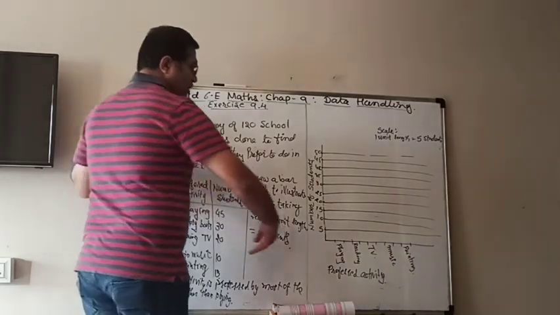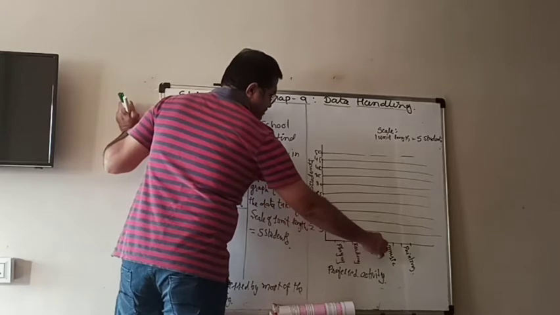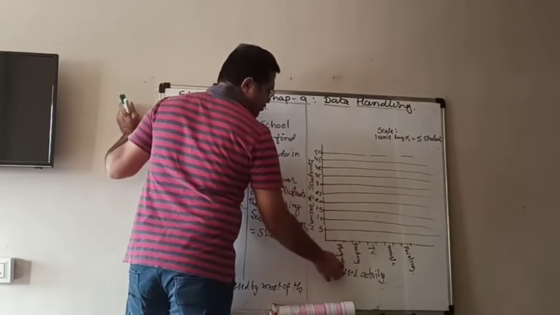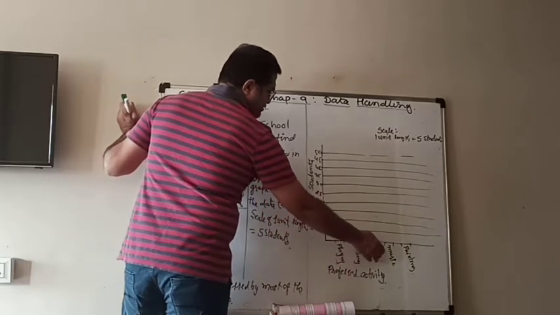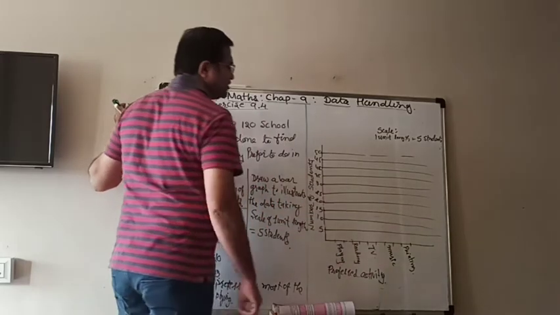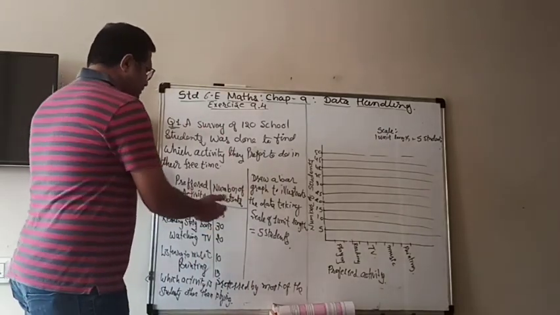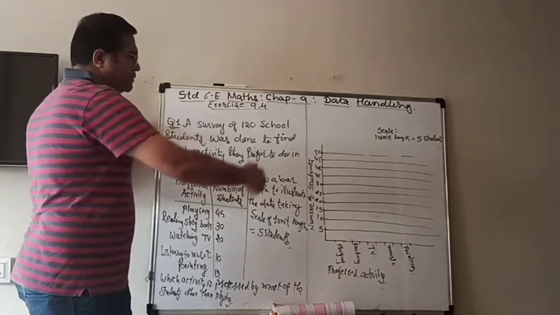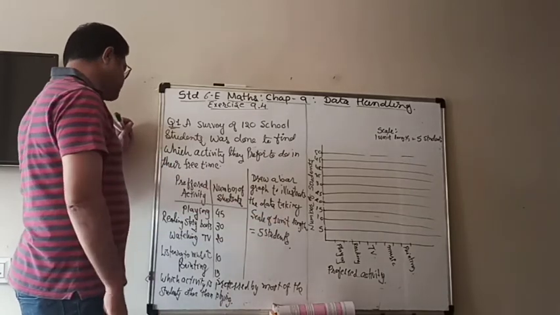And here on the horizontal line, I already took the boxes, and in each box, keeping one box gap, I write down these activities, that playing, reading, television, music and painting. Now one by one we have to take the numbers according to the activity and draw the bars of the same width, keeping the same distance.